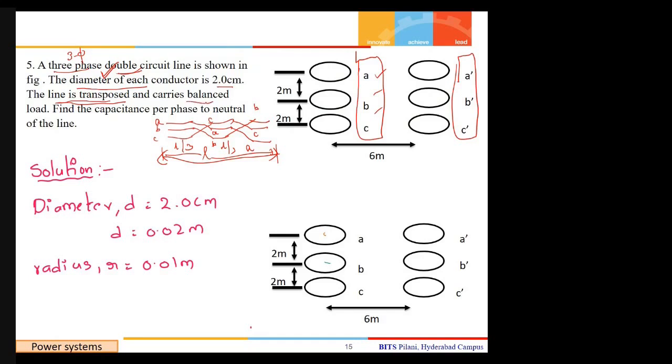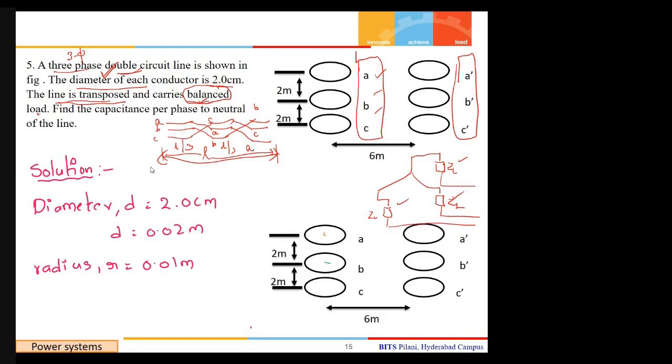Now it carries a balanced load. What is the meaning of balanced load? Here you have a three-phase system. Suppose one load ZL is connected here, one load ZL here, and one load ZL here. If all these loads ZL have the same magnitude, that is known as the balanced load.